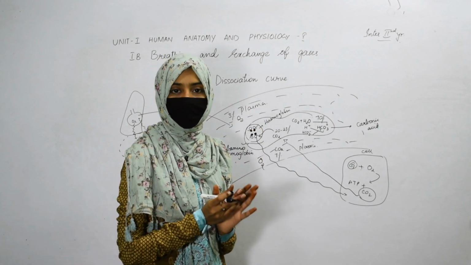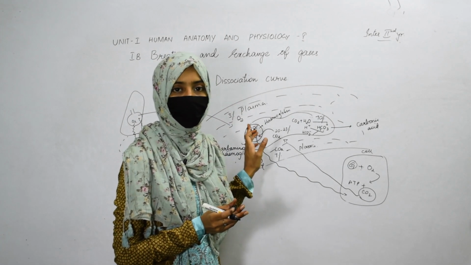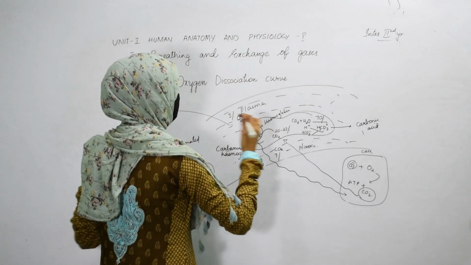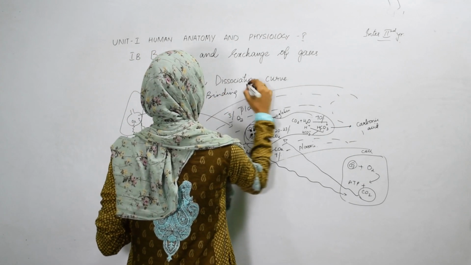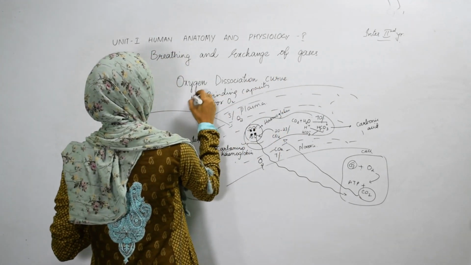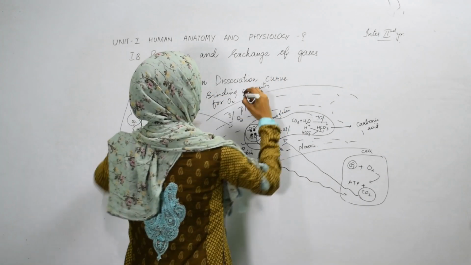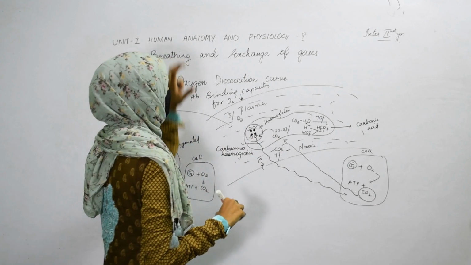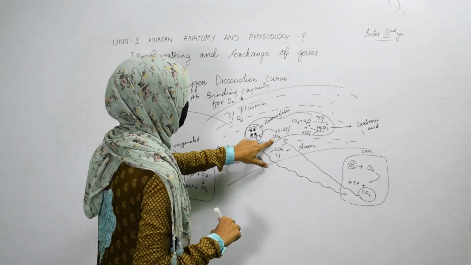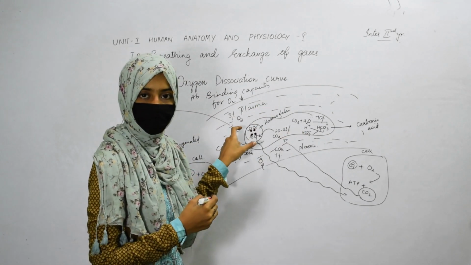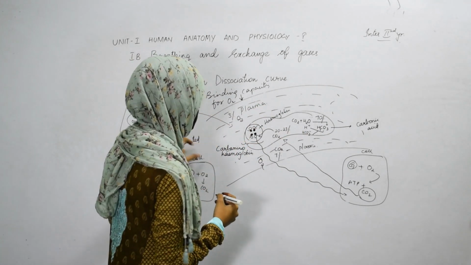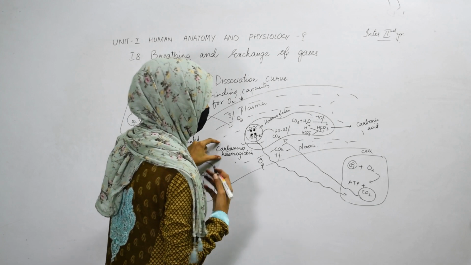This binding of carbon dioxide to the hemoglobin decreases the affinity, the binding capacity, of the hemoglobin for oxygen. If the carbon dioxide binds to the hemoglobin, we name that compound carbaminohemoglobin.